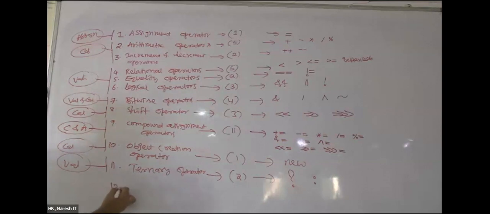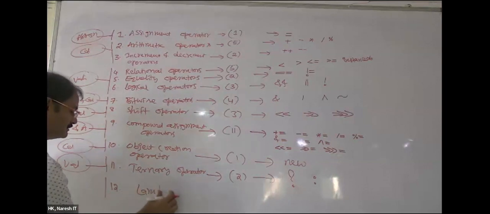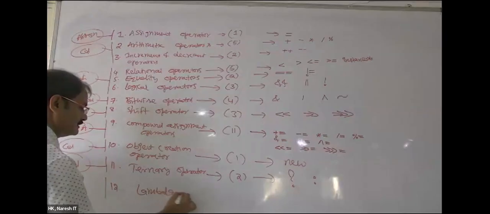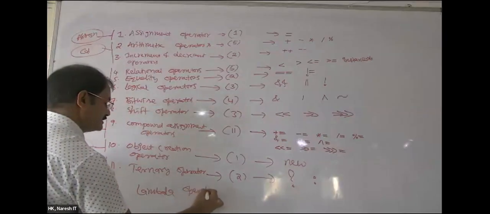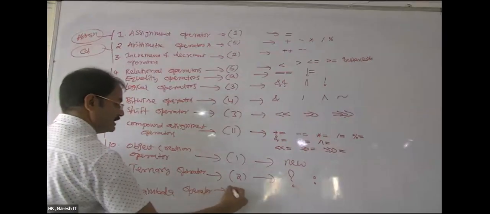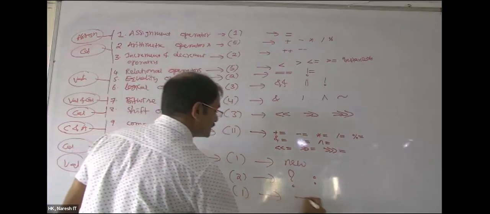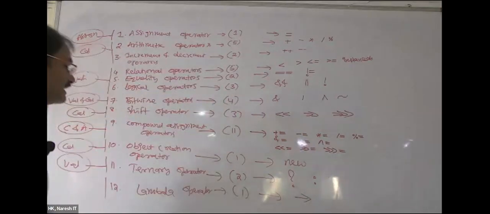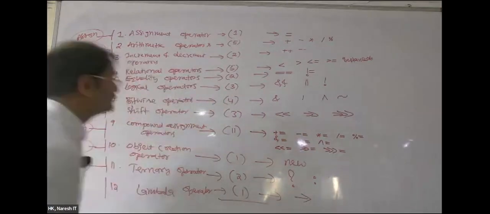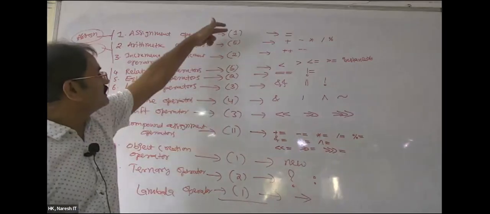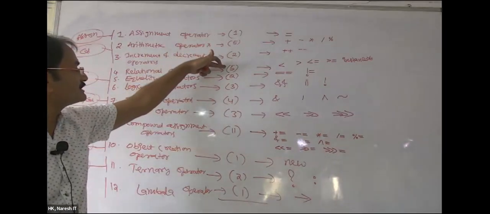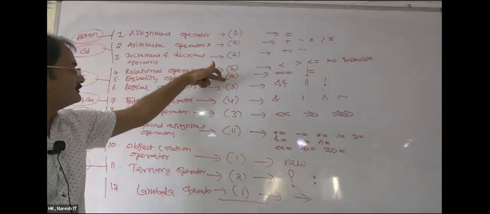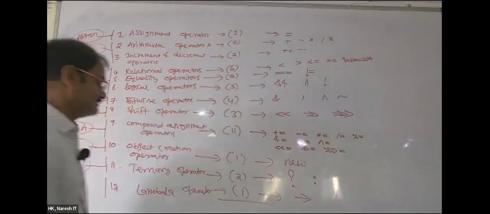And last but not least, 12th, lambda operator. How many are there? 1. What is that? Arrow. So totally 40 came up. Count. 5, 1, 6, 7, 8, and 8 plus 5, 13, 15, 18, 40 came.